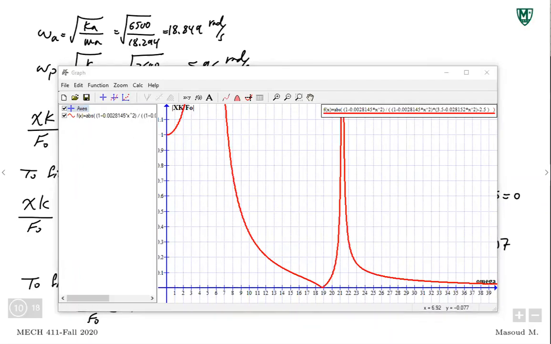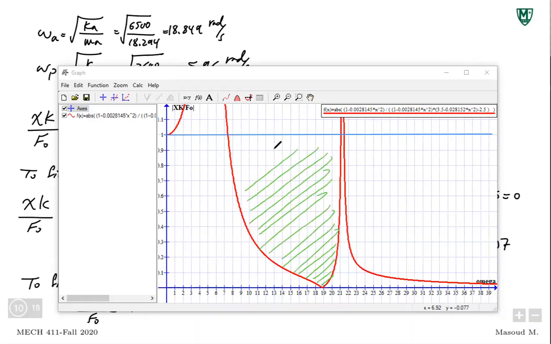So here is the range. You can actually see it. If I draw a line there, this is 1. This is the line xk over f naught is equal to 1. So here is where my absorber is effective. This is the area that is effective, going from this frequency to this frequency.